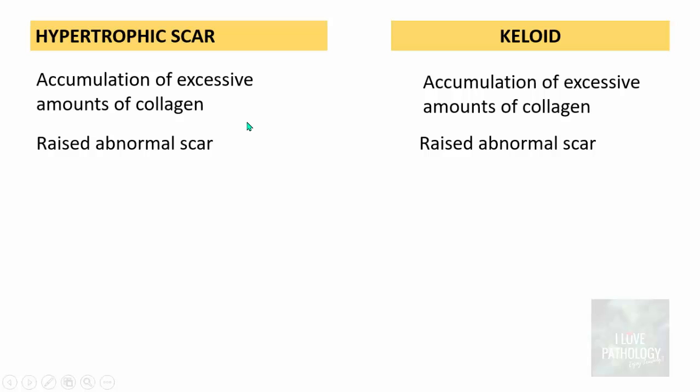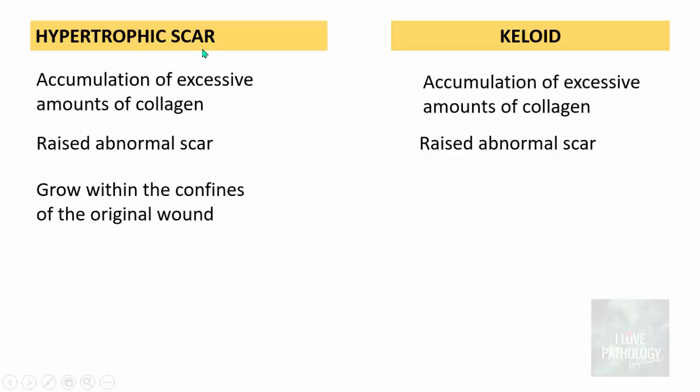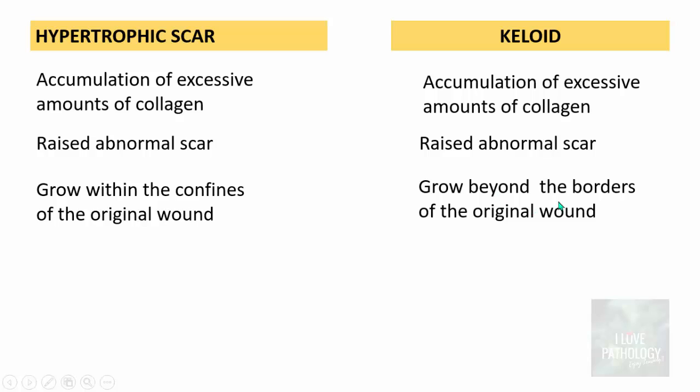But what is the difference between these two? The difference is, in the case of hypertrophic scar, the growth is within the confines of the original wound, whereas keloids grow beyond the borders of the original wound.